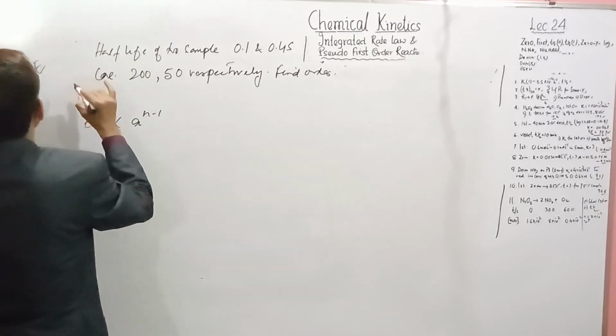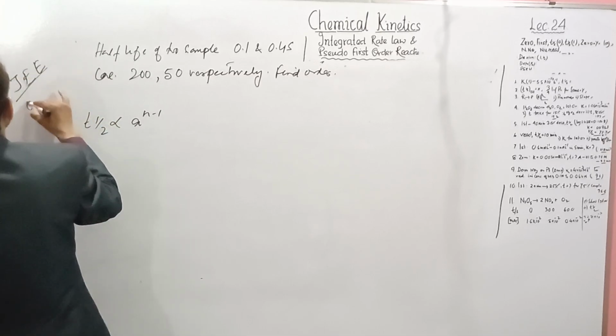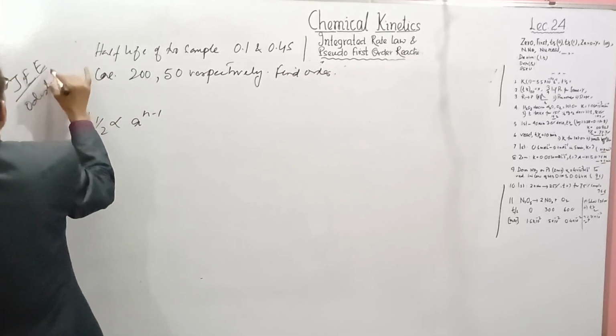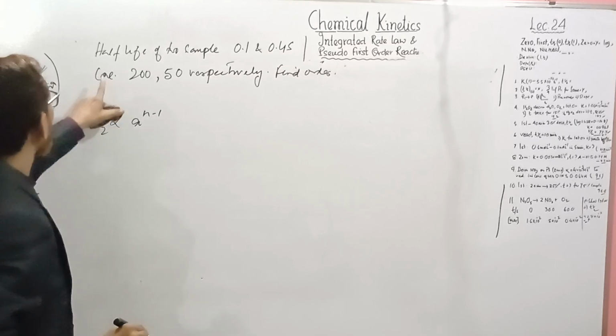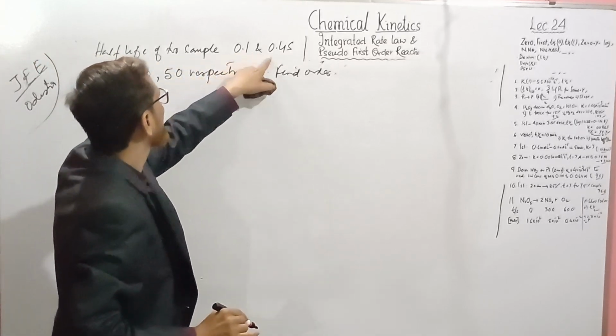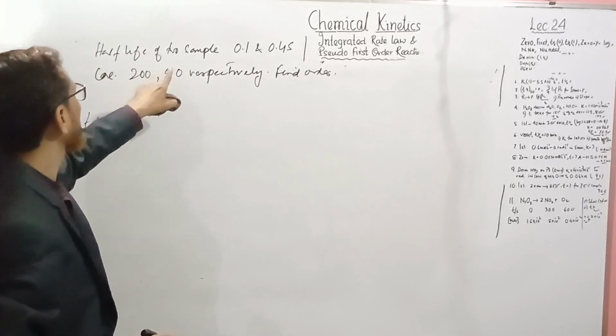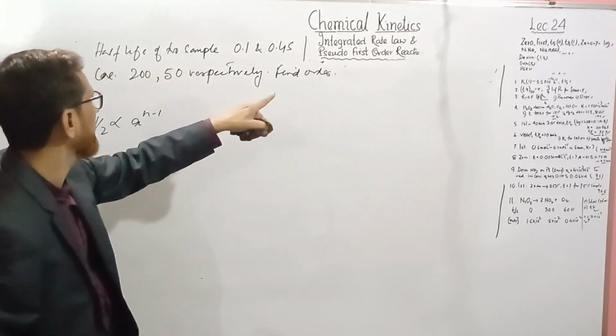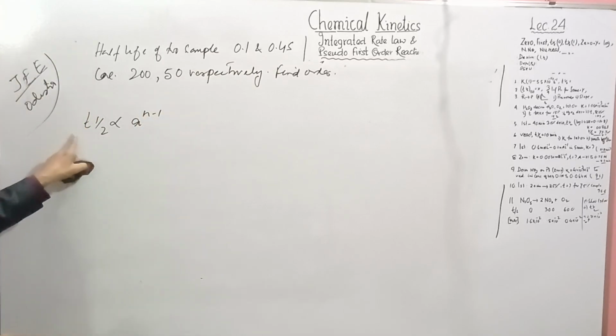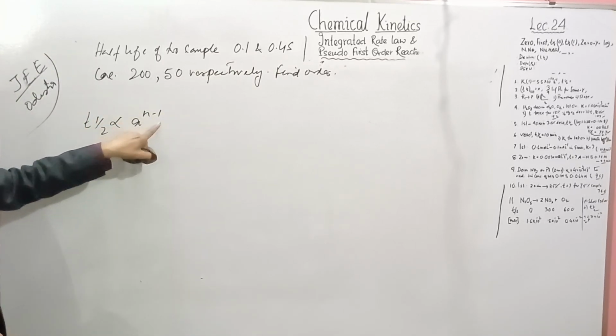This question was asked in ZEE Odisha. The half-lives of two samples are 0.1 and 0.4 second, and the concentrations of these two samples are 200 and 50 respectively. Find the order. We know t half is proportional to concentration to the power n minus 1.